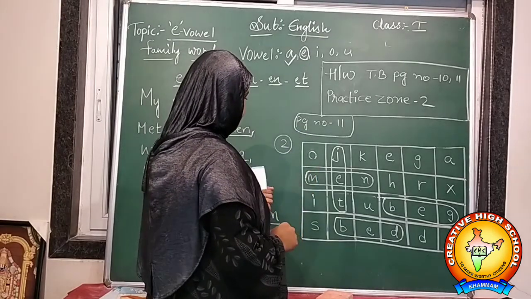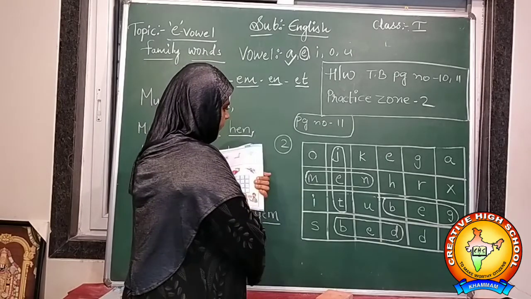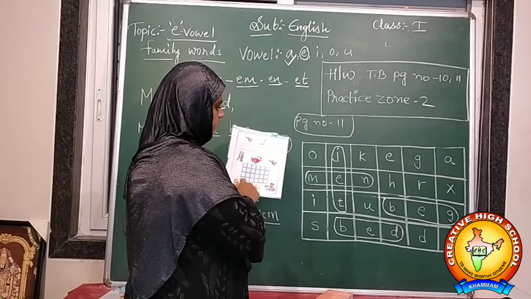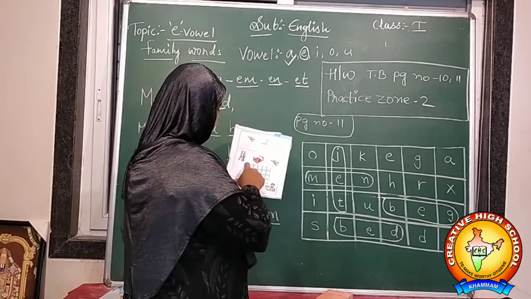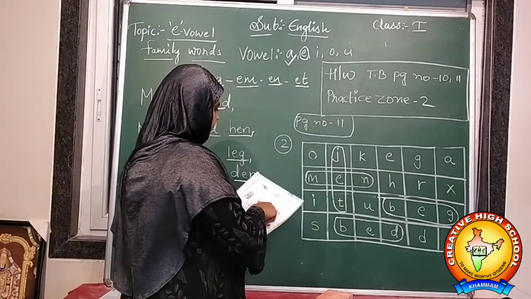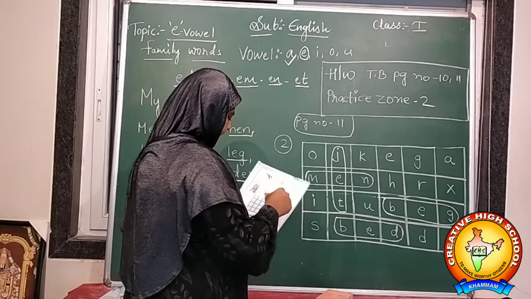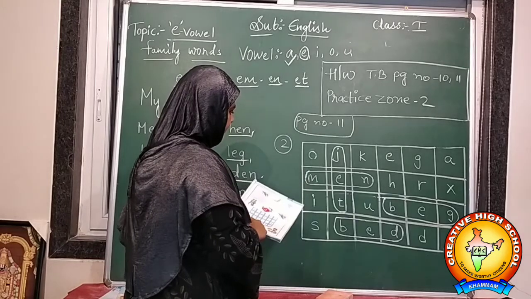Okay. Here we have completed men. We have completed jet. We have completed bet, and we have completed bed.